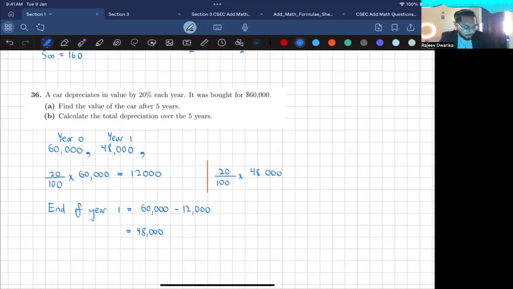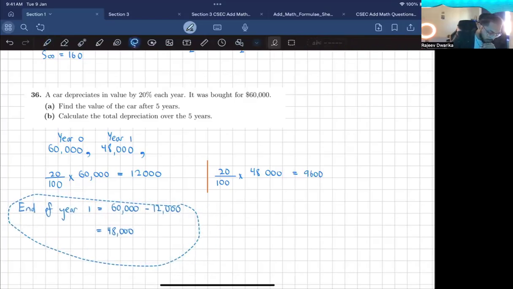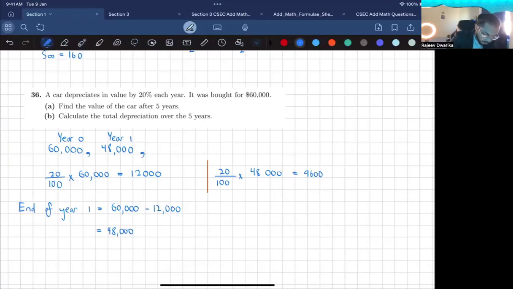So I'll show you now this approach. I'm gonna show you like three approaches because I know everybody thinks differently. So Kira, when you find 20% of 48,000, we get 9,600. So what will be at the end of year two? 38,400. Kira, you could do this to your heart's content until you end up at your answer, but I find this really repetitive.